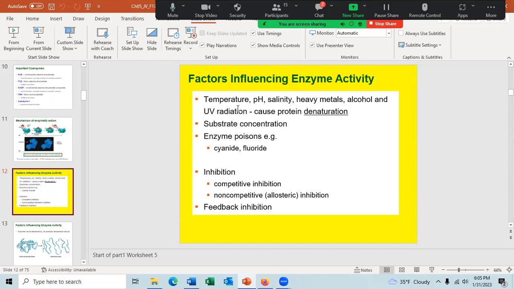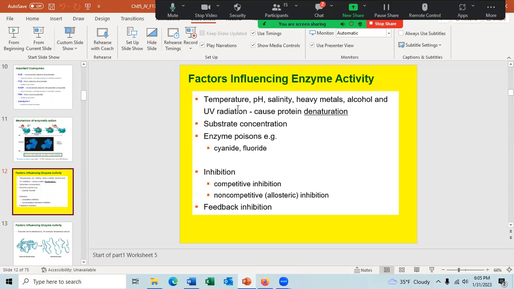Another factor that can influence enzyme activity is the substrate concentration. Up to a point, when you increase the substrate, you will increase the enzymatic activity. If various poisons are present, you will decrease the enzyme activity.